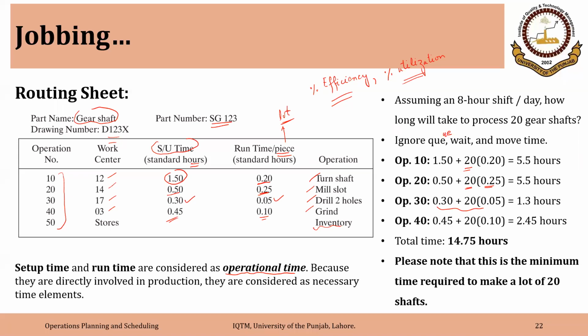And of course, we are not considering the queue, wait, and move time. So actual time will be much greater than this. So looking at the ratio of that 85 to 90% non-value adding time, actually the total time might be 4 or 5 times greater than this because of the queue, wait, and move time.